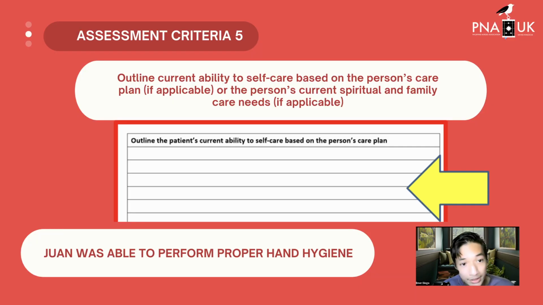So assessment criteria number 5 should be on the next page of your evaluation letter. You have to outline the current ability to self-care based on the person's care, if applicable, or the person's current spiritual and family care needs, again, if applicable.